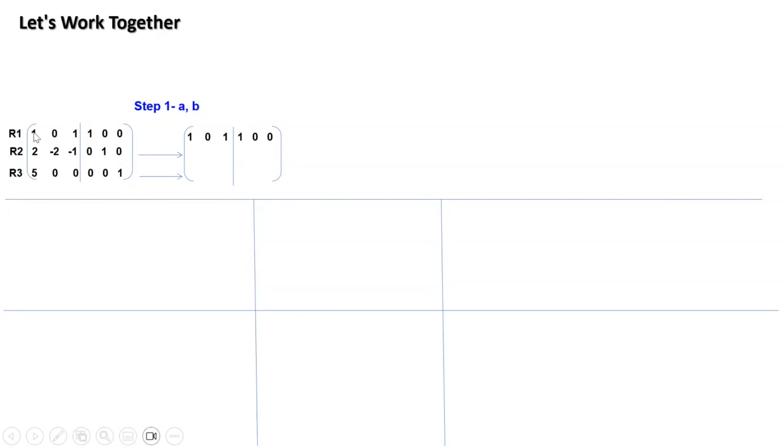For example, if I multiply negative 2 times row 1, we'll guarantee that it will cancel the 2 there, because negative 2 times 1 will give us negative 2, and then when added to row 2, this place will be a 0. So we're going to do negative 2 row 1 plus row 2. And to eliminate the 5, where the 5 is, in the third row, first column, you're going to multiply the first row by negative 5. So it'll be negative 5 row 1 plus row 3. And here's my work.